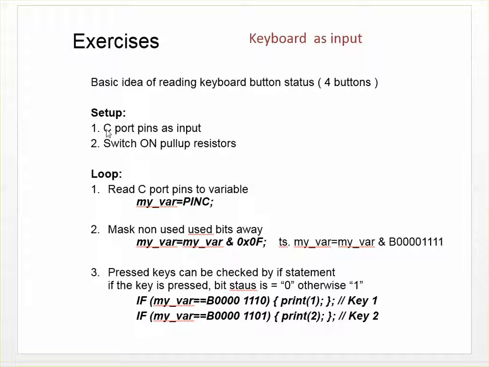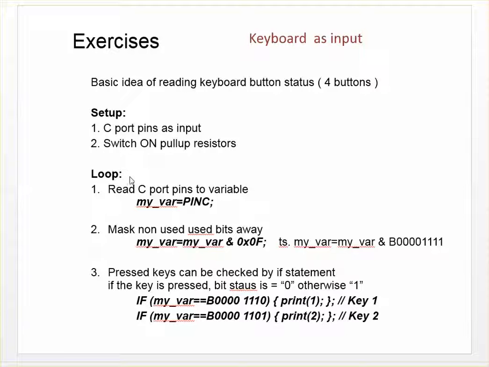In this case at least those 4 pins where the buttons, the switches, are connected, define those pins as an input, and then switch on the pull-up resistors. That means that these pins are then in a defined state if there is no key pressed.